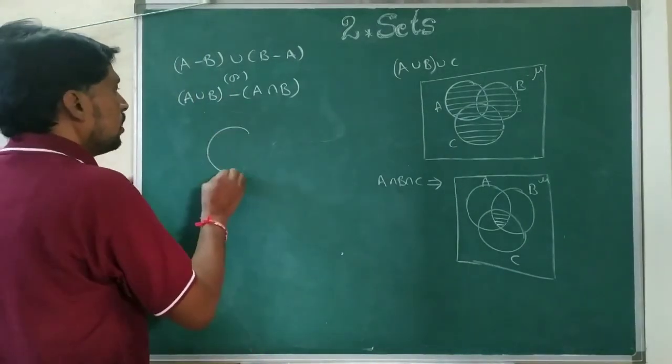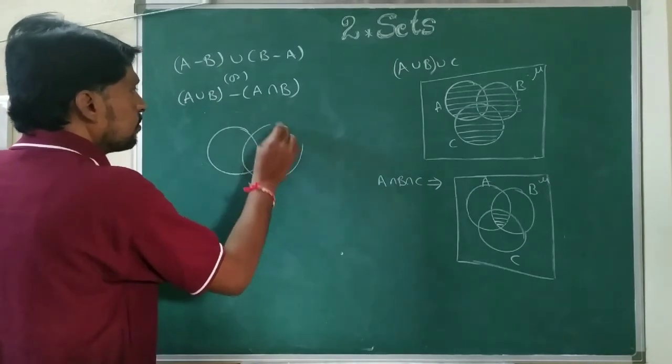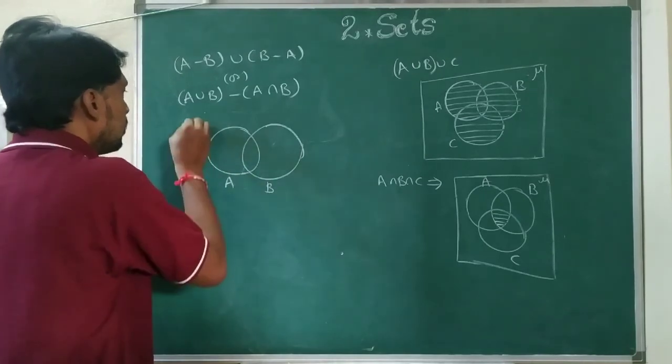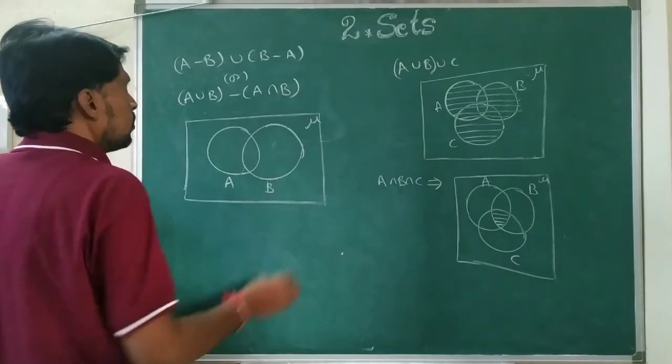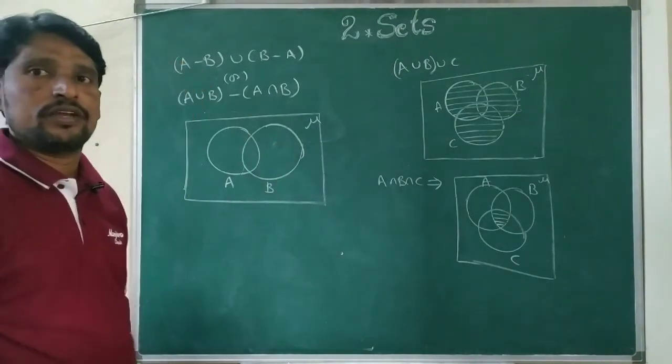This is the set A, this is the set B, and this is the universal set. A minus B union B minus A we need to draw.